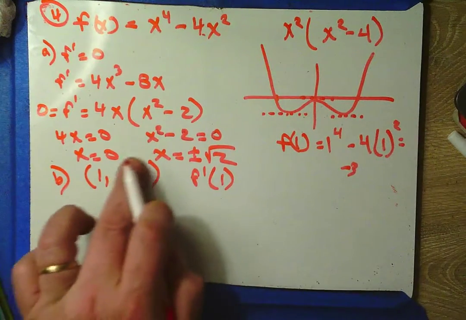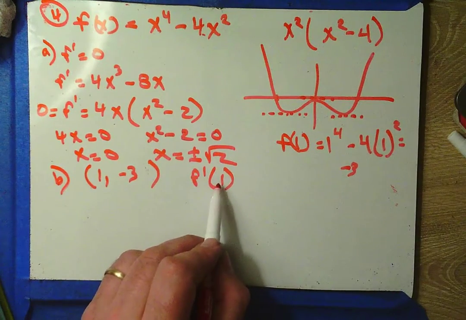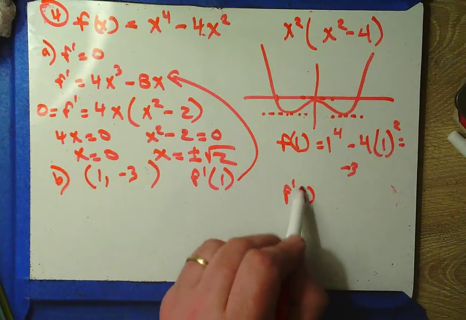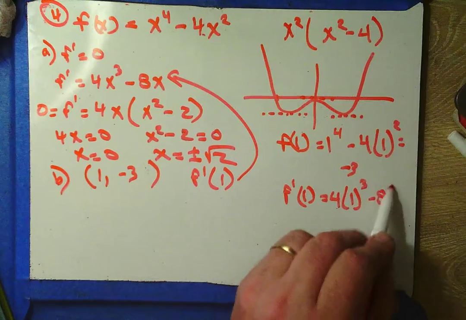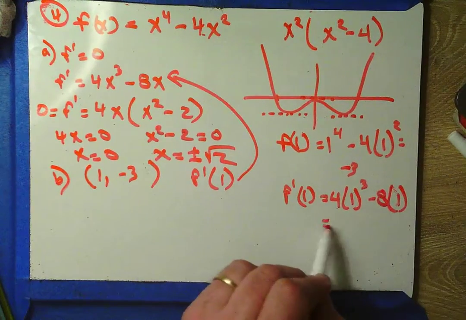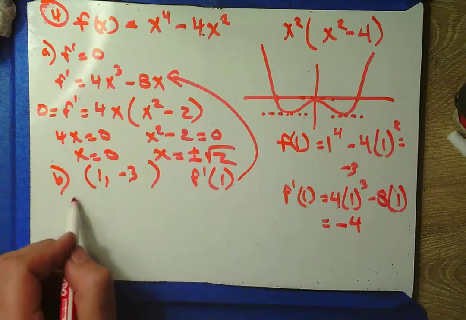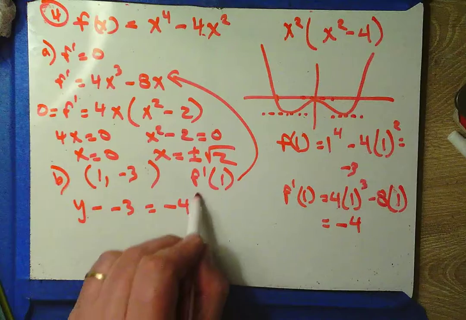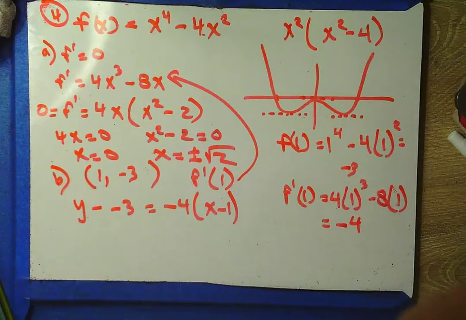So I have this ordered pair, (1, -3), but now I also need f prime of 1. Well, here's f prime, and so f prime of 1 is going to be 4 times 1 to the 3rd minus 8 times 1, which is -4. So what would the tangent line be? y minus (-3) equals -4 times (x minus 1). And you can leave it there and walk away.